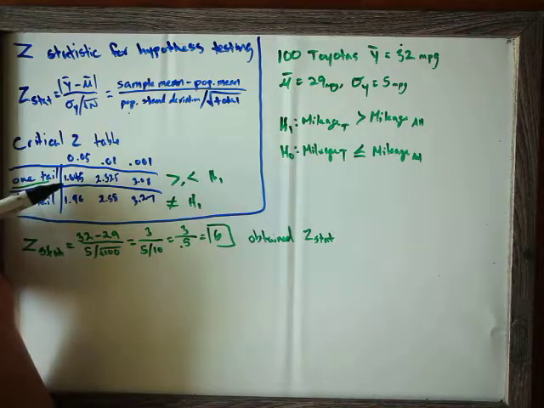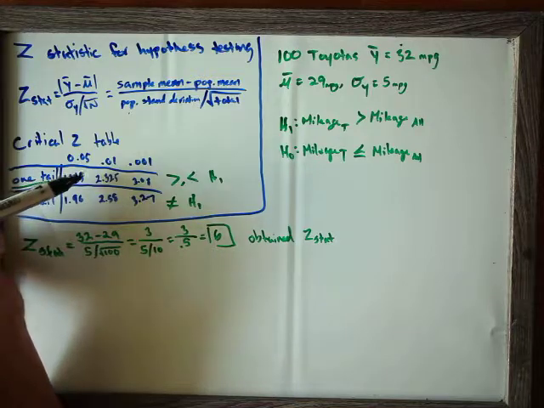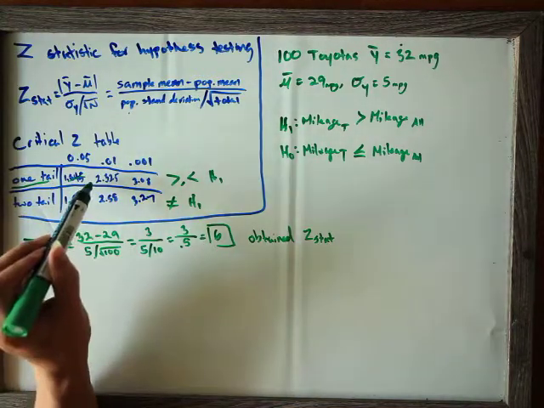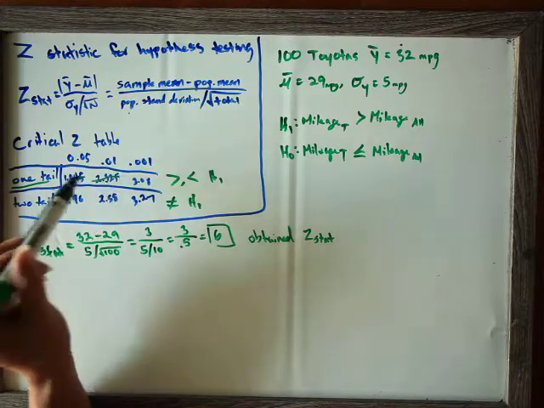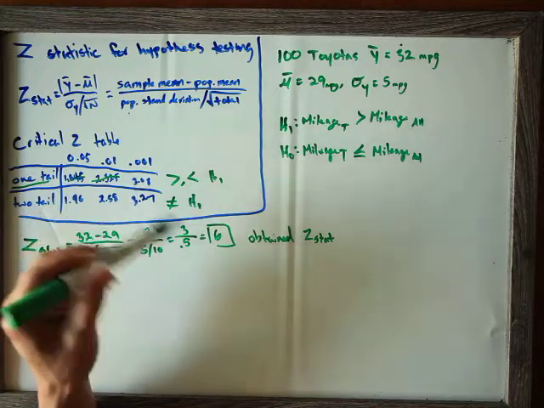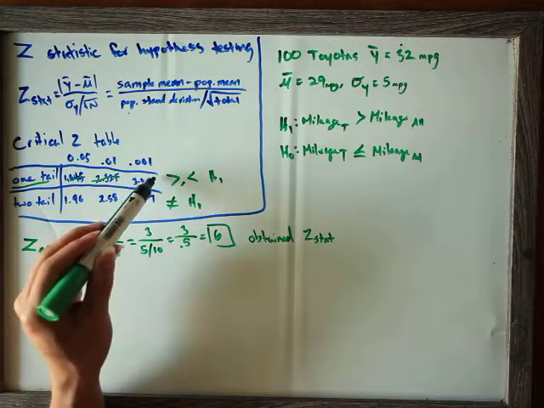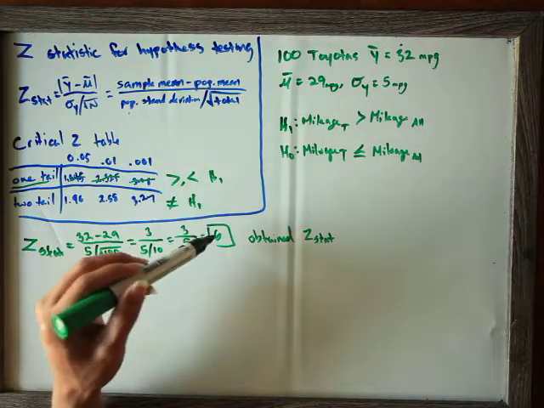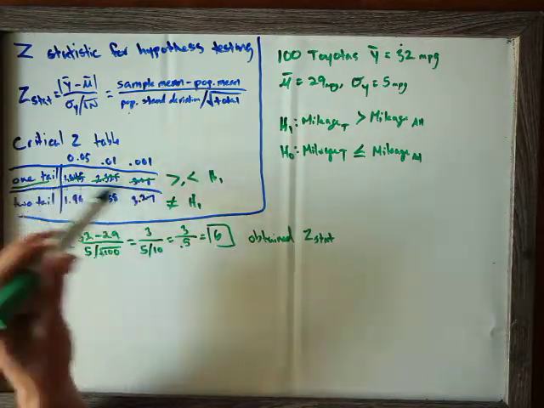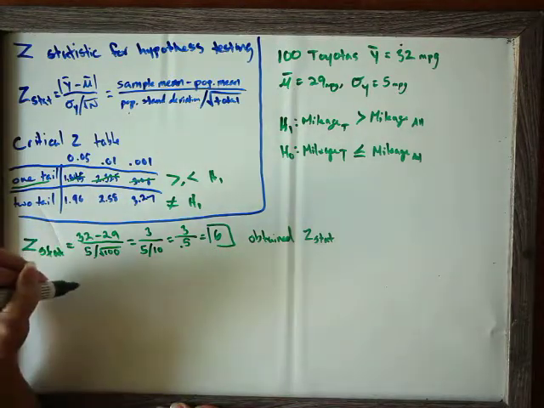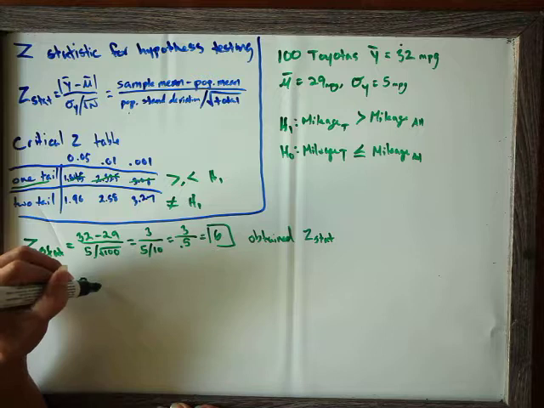Is 6 greater than 1.645? Yes, so we pass this test. Is our 6 greater than 2.325? Yes. And the last one, is 6 greater than 3.08? Again, yes. Because our obtained z-statistic is greater than all of these values, we're going to reject the null hypothesis.